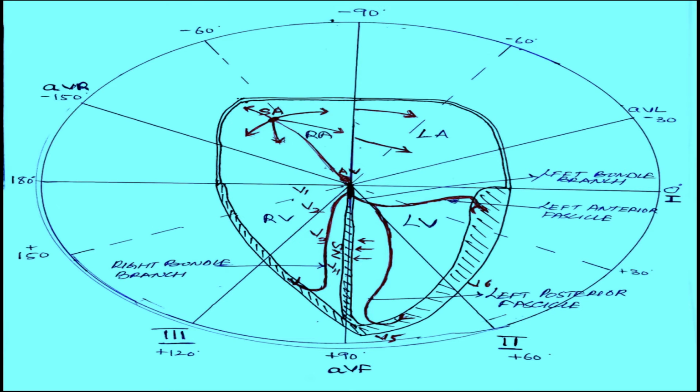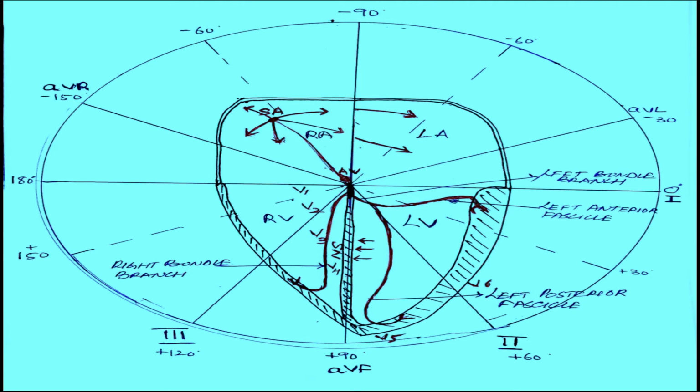So the impulse won't come from the right bundle branch, rather it will come from the left posterior fascicle, and the vector will again be directed towards lead 1, AVL, and so I had told you in the previous ECGs, if lead 1 becomes positive, AVF will become negative because current can't travel in both the directions. It causes left axis deviation.